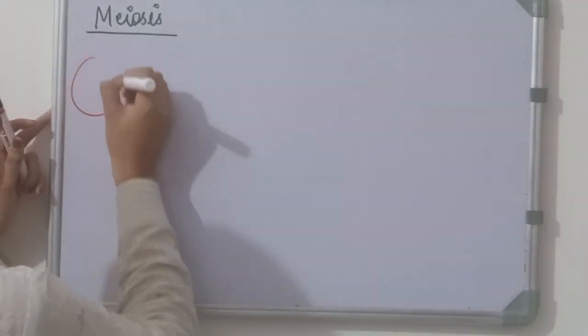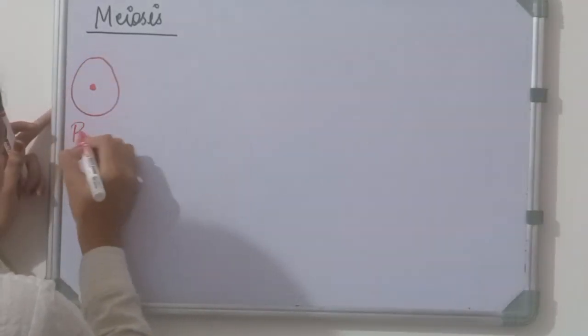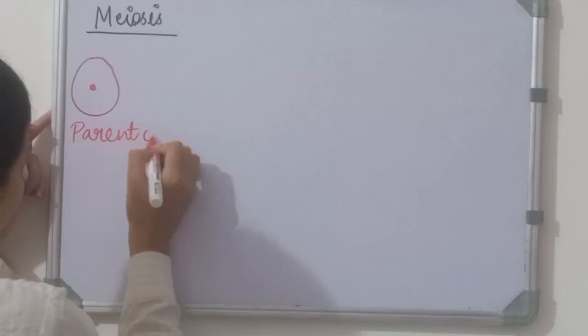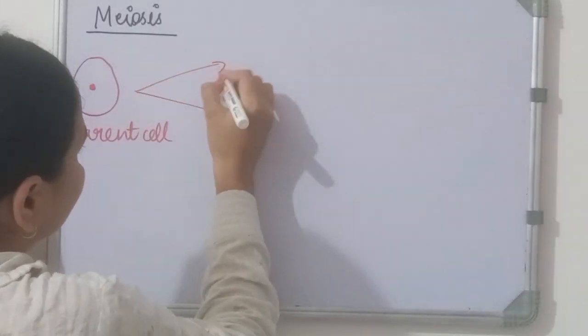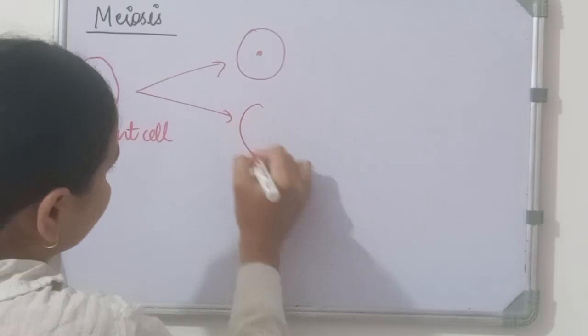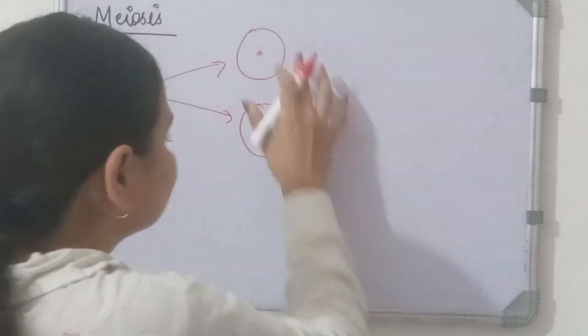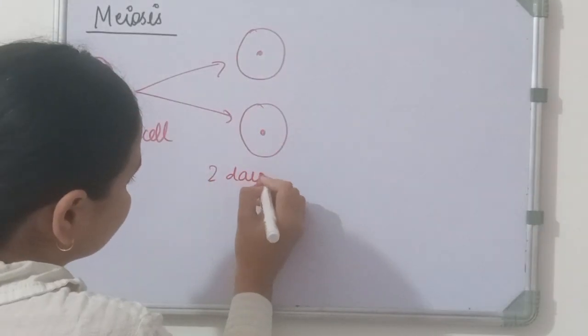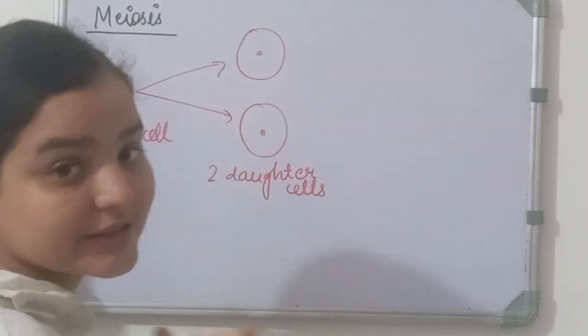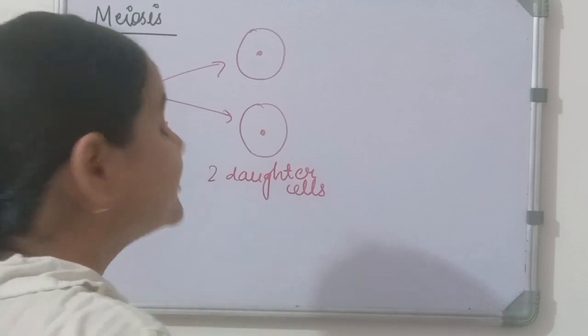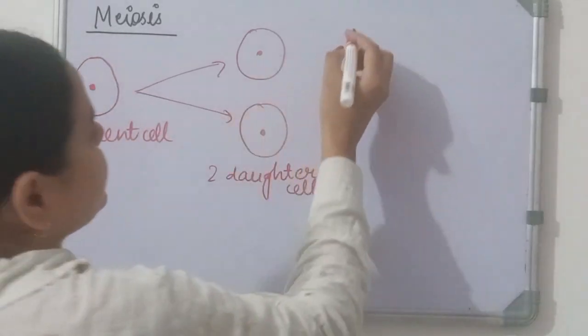Okay, let's understand meiosis through this diagram. This is our parent cell. This parent cell divides and then forms two daughter cells. And these two daughter cells further divide and form four daughter cells, meaning two daughter cells are formed by each.